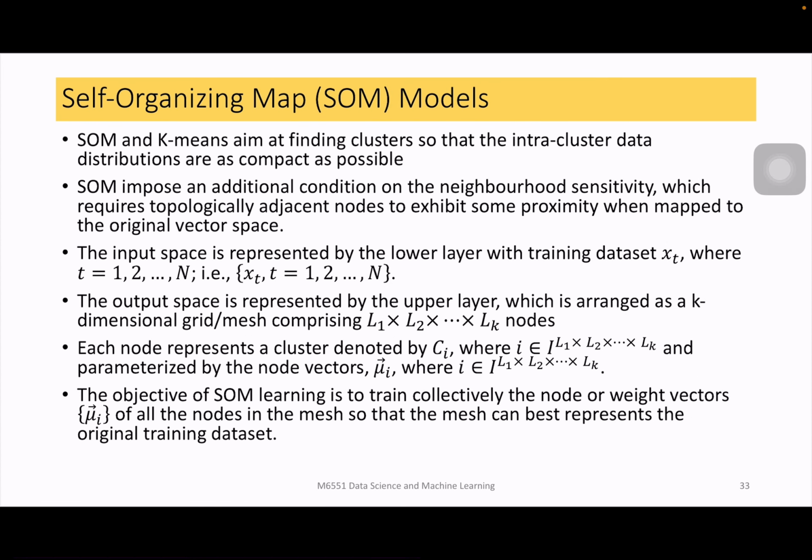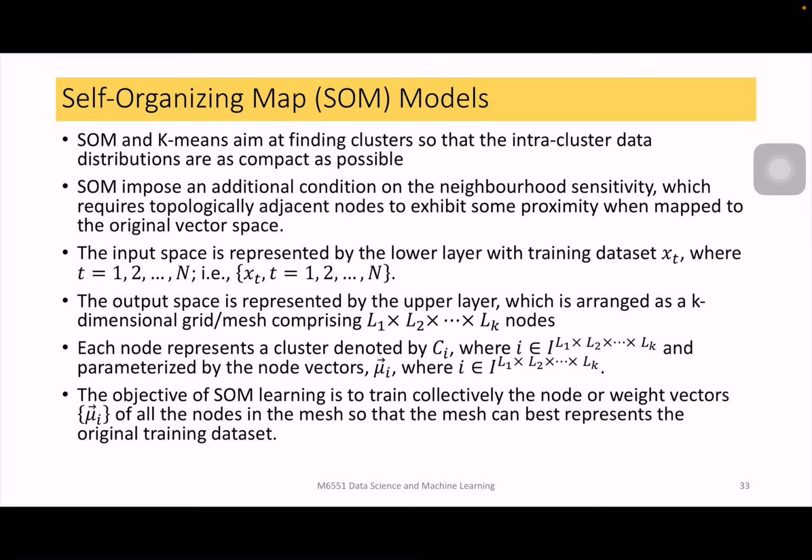The self-organizing map (SOM) model and K-means aim to find clusters so that the intra-cluster data distribution is as compact as possible. SOM imposes an additional condition on neighborhood sensitivity, which requires topologically adjacent nodes to exhibit some proximity when mapped to the original vector space.